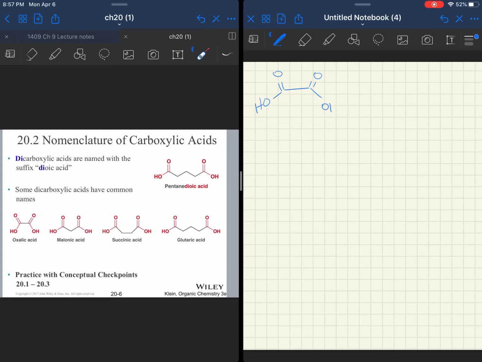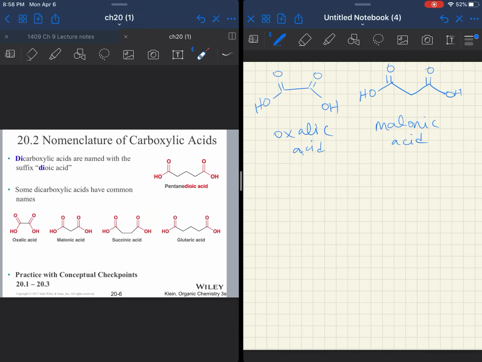There are a couple of common names that you need to know, and it's just going to be these first two. Instead of ethane dioic acid, you should know oxalic acid. And instead of propane dioic, you have malonic acid. I may ask you about these.